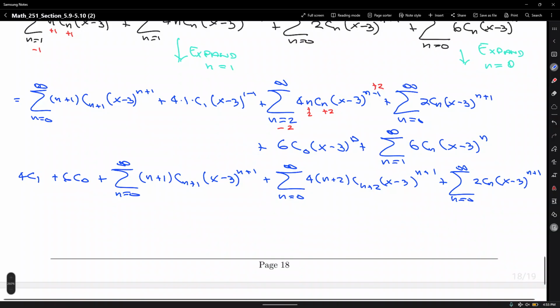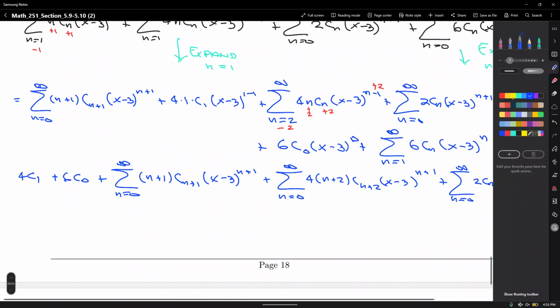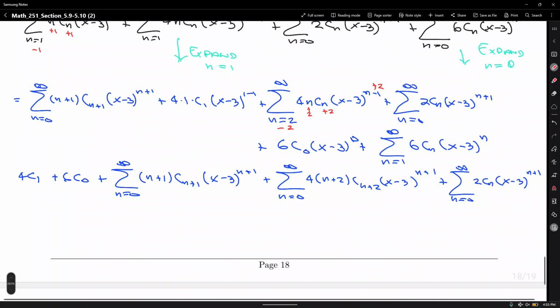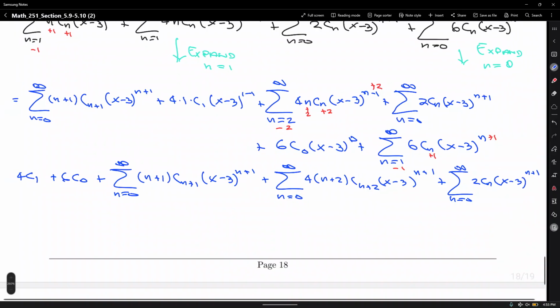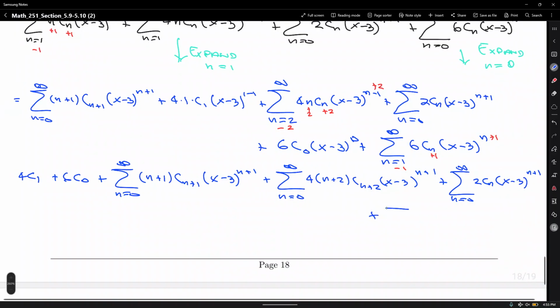And what do we do to the last series? At that point, also shift 1 unit. So plus 1, minus 1. All right? So that's going to give us plus sigma n equals 0 to infinity 6 c sub n plus 1 x minus 3 to the n plus 1. All right? And we have the 4 series with the same starting index, with the same power of x.